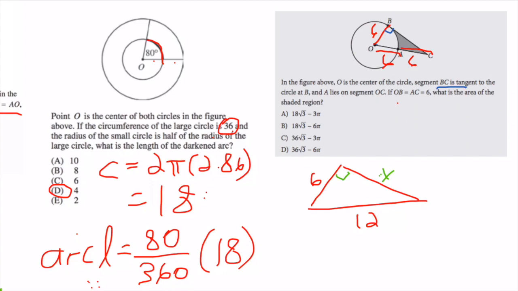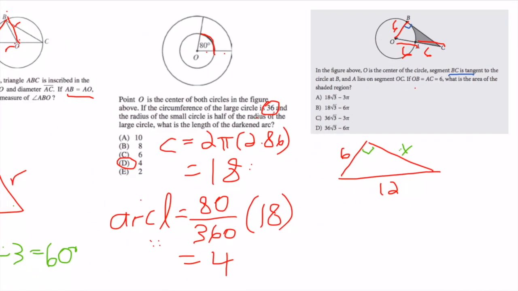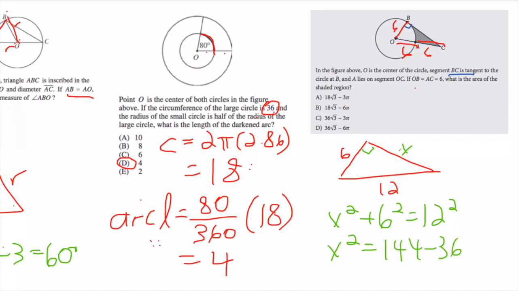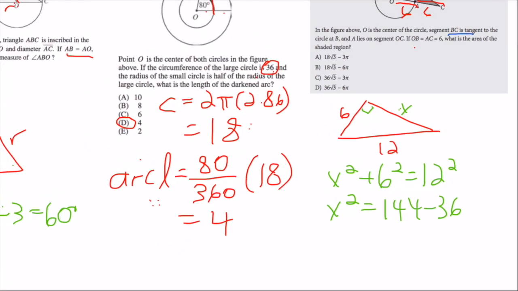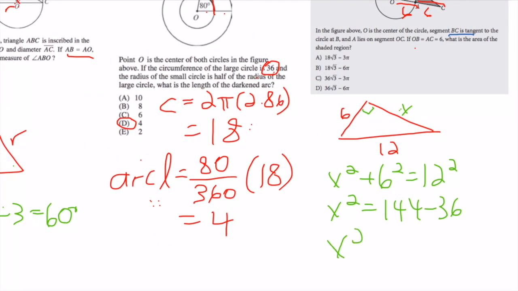I'll just use Pythagorean theorem to do that. So I'll have x squared plus 6 squared equals 12 squared. x squared equals 144 minus 36. x squared equals 108. x equals the square root of 108.